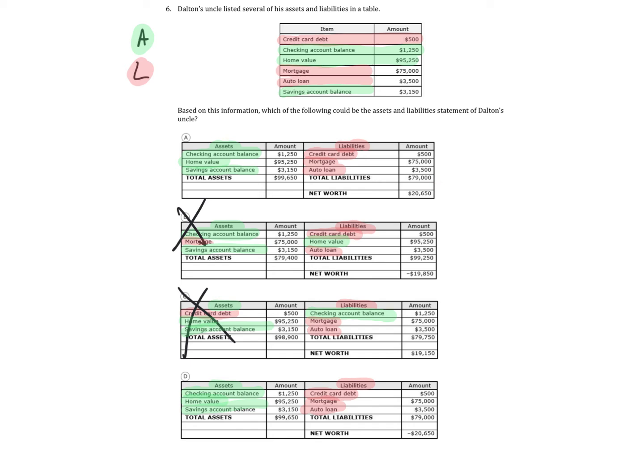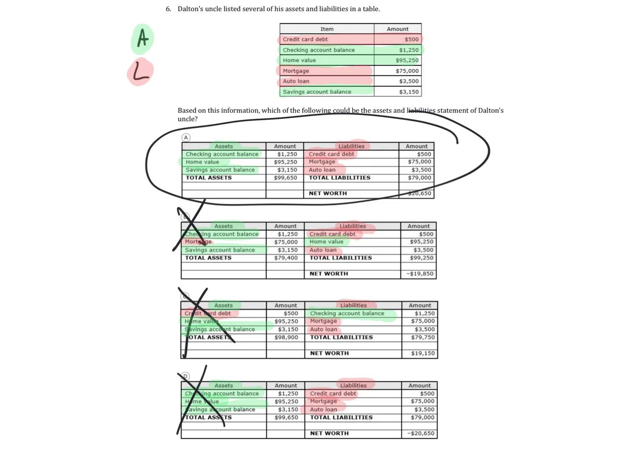When assets are more than liabilities, our net worth is positive. So A is looking pretty good. Let's look at D and see if we have anything different. So we have our assets at $99,000 and our liabilities at $79,000, meaning our assets are bigger than our liabilities, so our net worth should be positive. Since net worth is negative there, that cancels out that answer choice, so we get A as our answer.